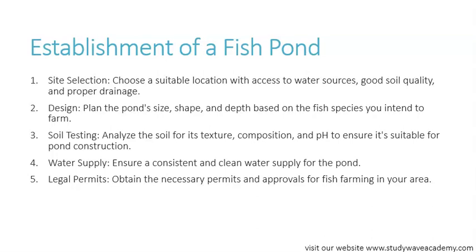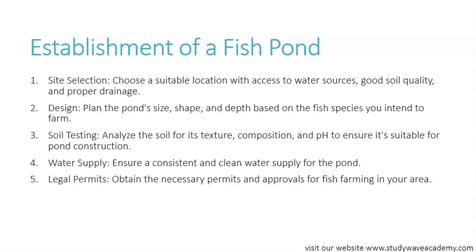Soil testing. Analyze the soil for its texture, composition, and pH to ensure it's suitable for pond construction. You make sure the soil is okay for the pond, not too leaky. Water supply. Ensure a consistent and clean water supply for the pond.